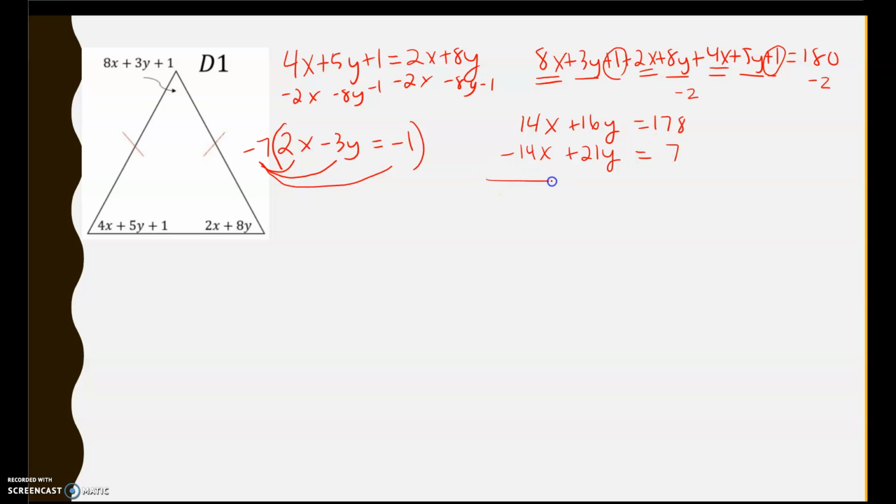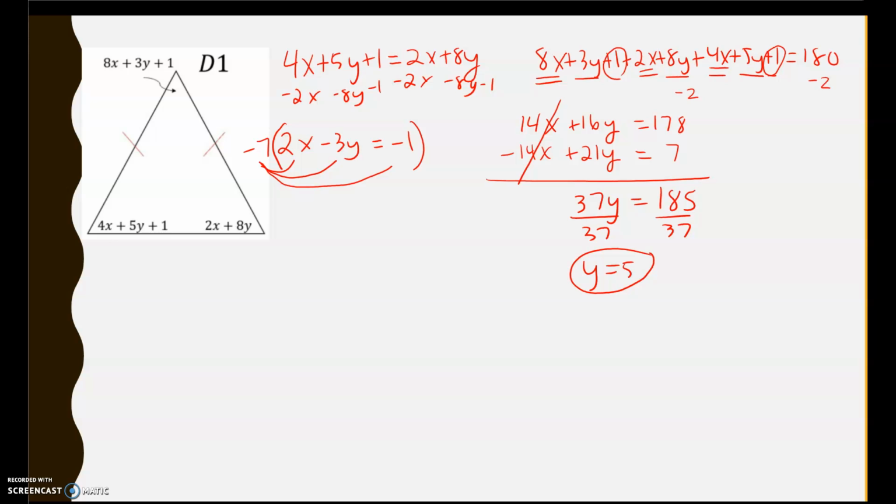So now when I add straight down, the 14x and negative 14x cancel. 16y plus 21y is going to give me 37y, and that's equal to 185. And then divide both sides by 37. So I get y is equal to 5. But my question's asking me for the value of x.